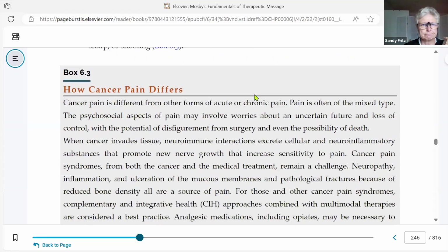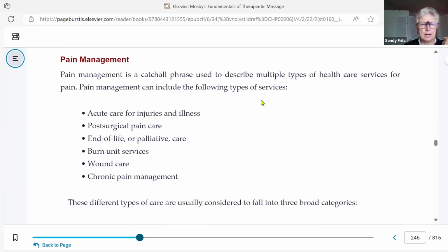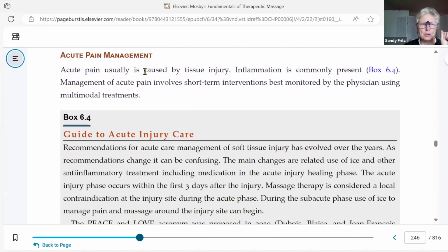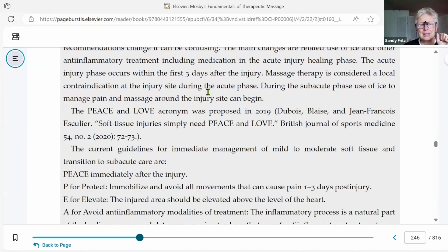Okay. And this box talks about how pain differs. And then, pain management is kind of a catch-all term, but there's a lot of different experiences of pain. So acute pain management is productive pain. And if it's local, this is always fun, this has to do with whether you use ice or not.